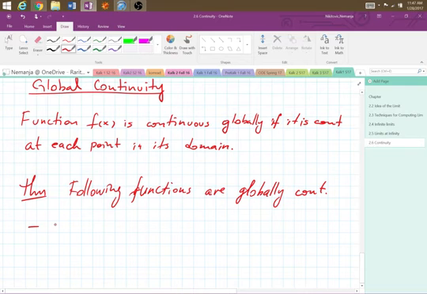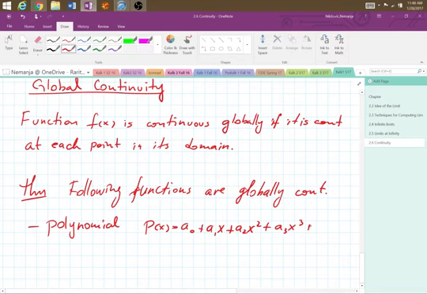Polynomial functions, meaning p of x is equal to a0 plus a1x plus a2x squared plus a3x cubed plus going on forever. You can have a polynomial of any order. Guys, this includes the polynomial y equals 7. That's just a horizontal line. That's just a0. So the line y equals 7 is continuous forever.